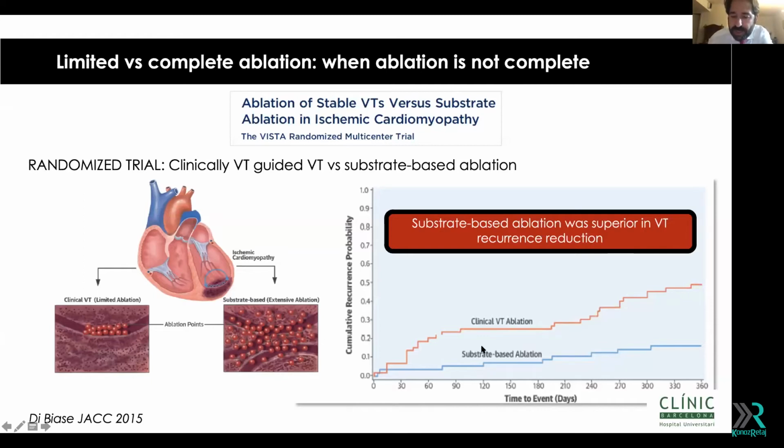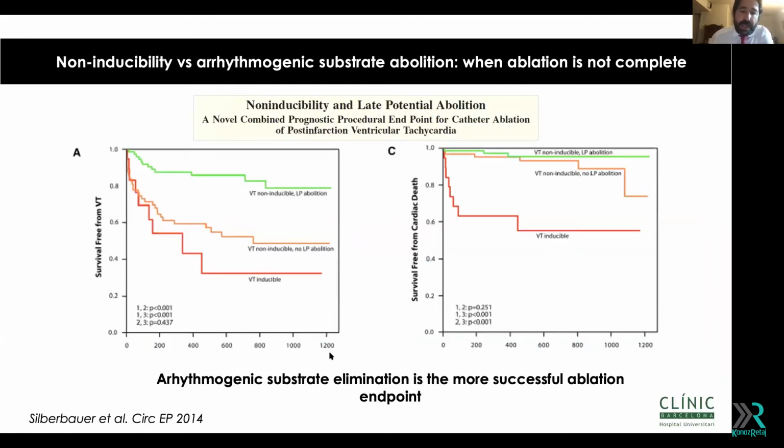So in VT ablation, it's all about substrate. Actually, the Labellas group showed us that despite you achieved non-inducibility, like here, you had a lot of recurrences. So you have to pursue not only non-inducibility, but also the abolition of the full substrate, all late potentials abolition.